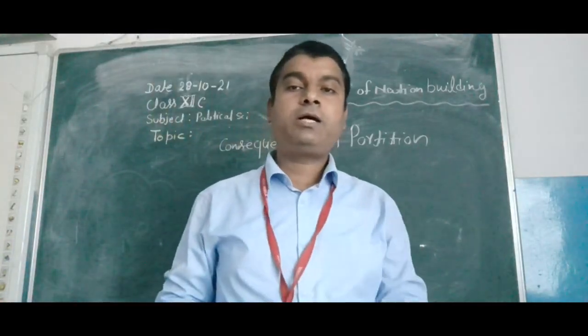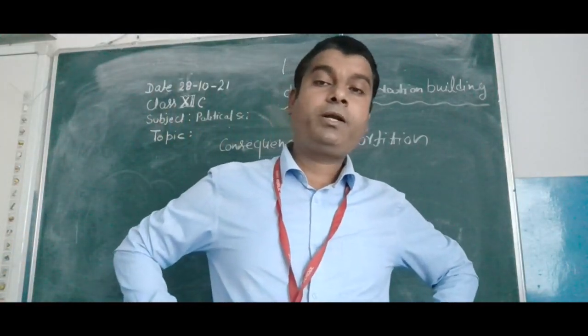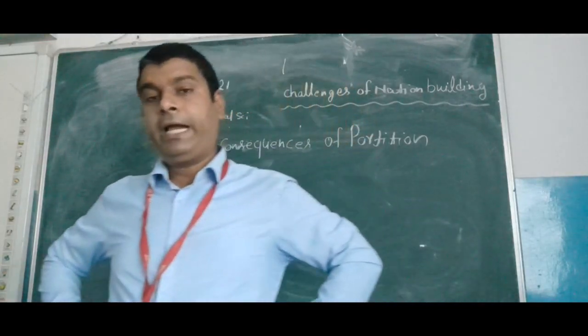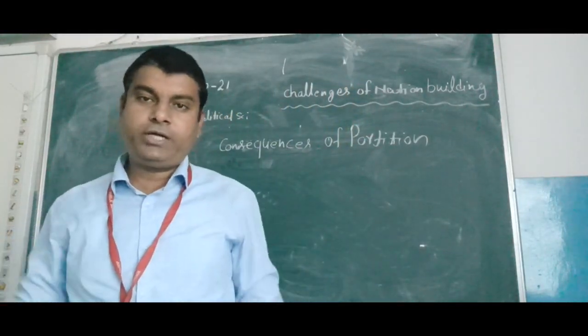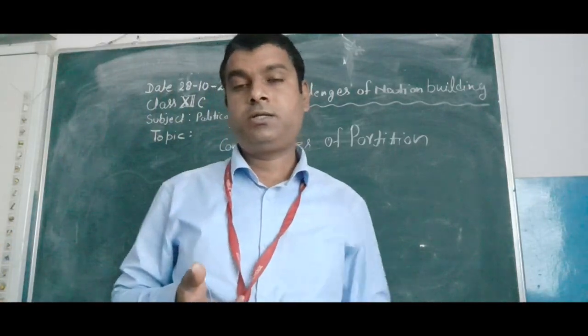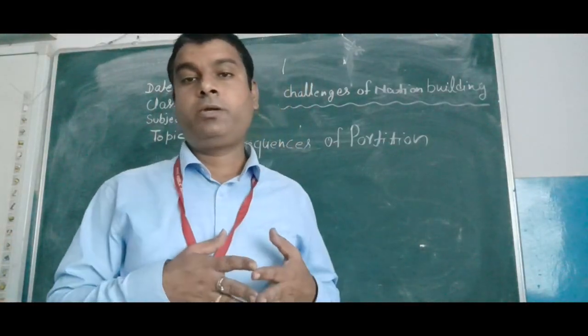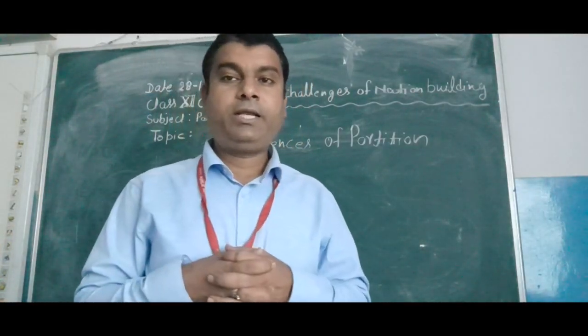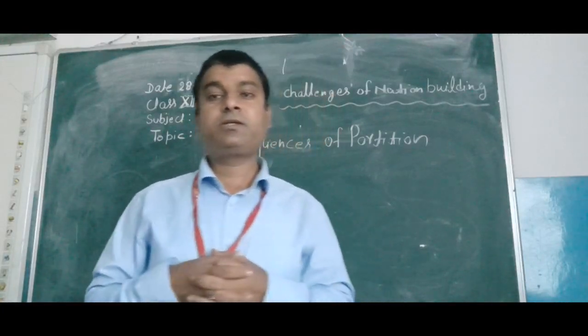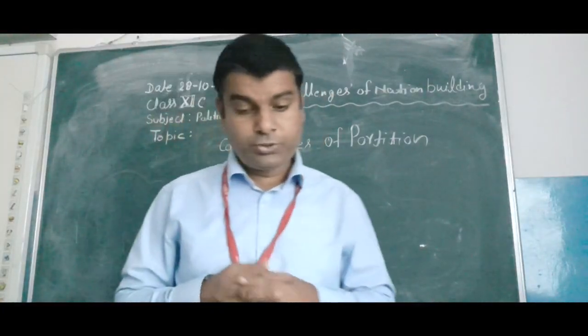India got independence with the partition, and communal riots started. Kolkata, Lahore, Delhi and Amritsar were converted into communal zones.